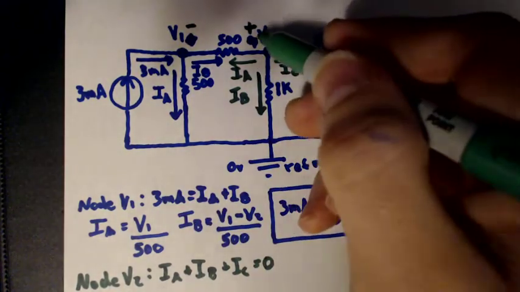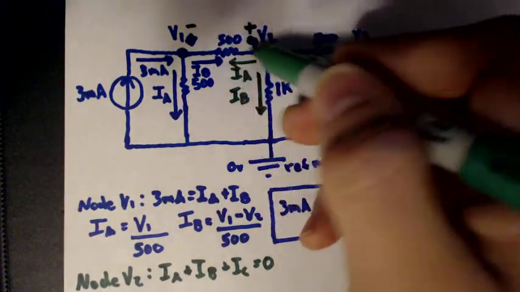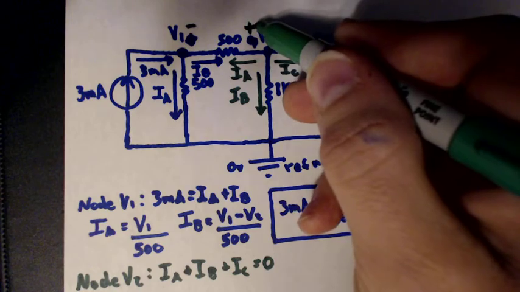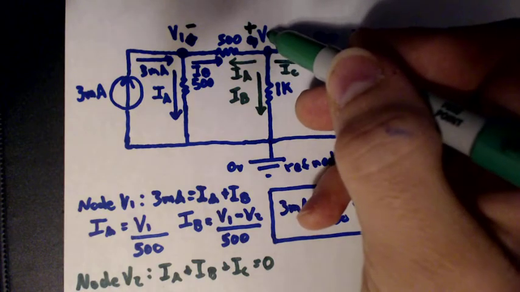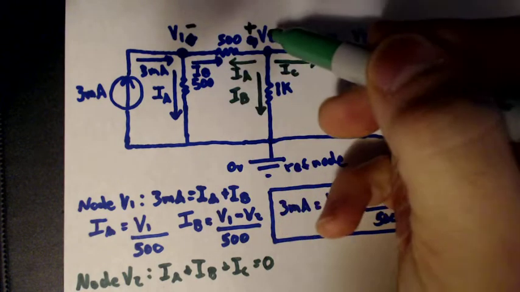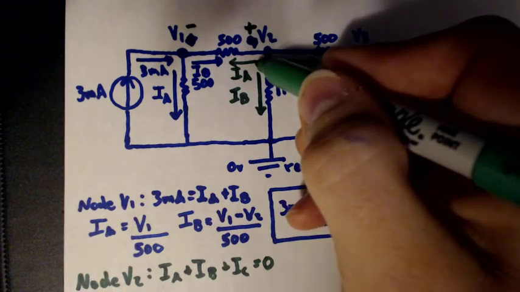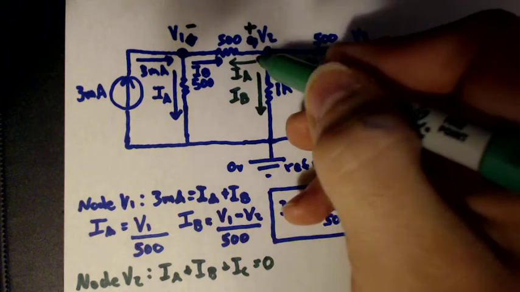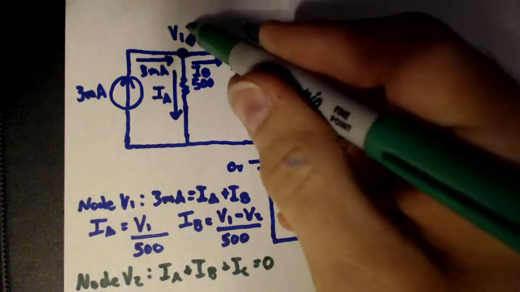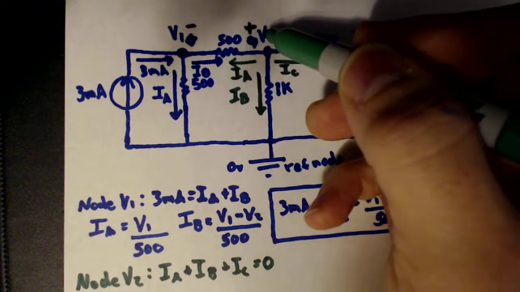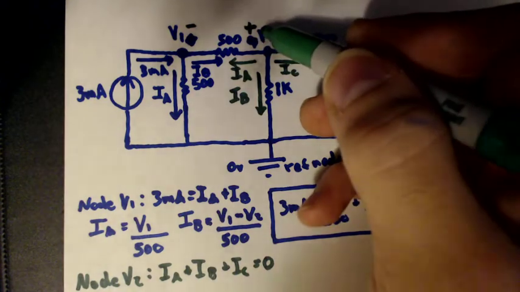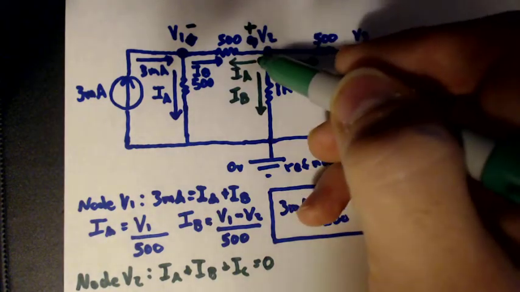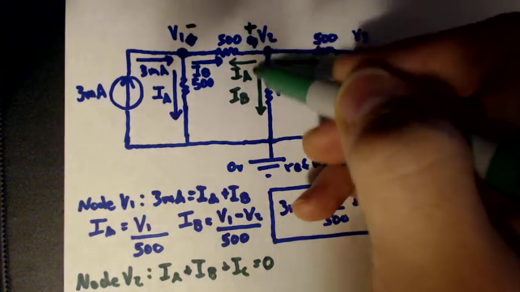So my voltage drop across this 500 ohms is going to be plus V2 minus V1. See how I used the polarity? So I said IA, I picked the direction to go from V2 to V1, so I made the assumption that V2 was higher than V1. Whether that assumption is true or not doesn't matter. We'll get a correct expression anyways.